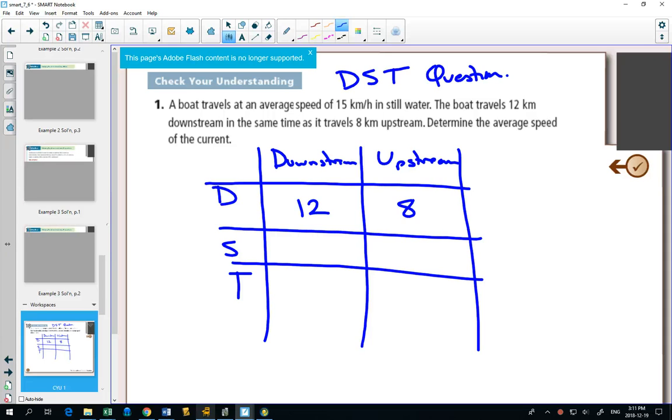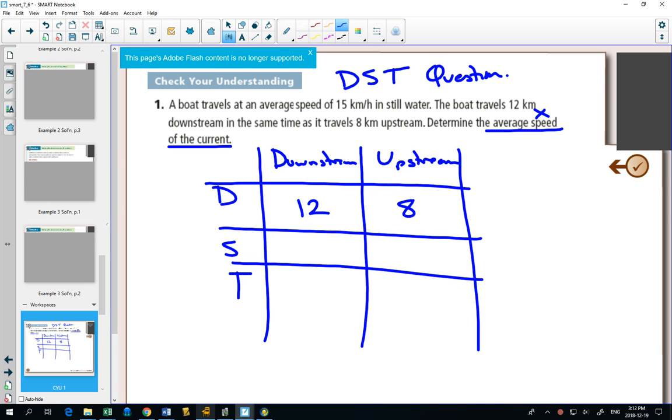What is our speed? Our speed is 15 in still water. What will our speed be downstream? We need to pick a variable, x, and we're going to make x the average speed of the current.